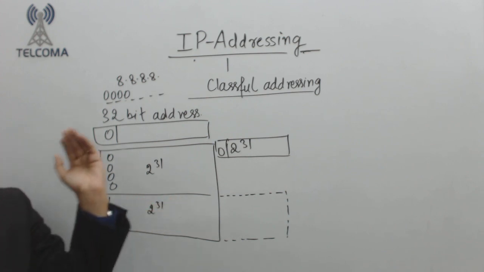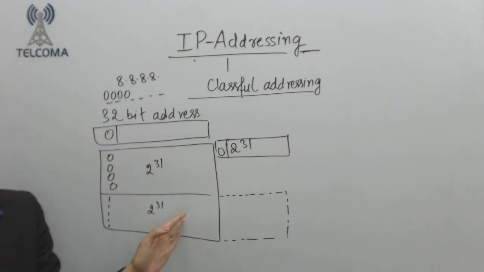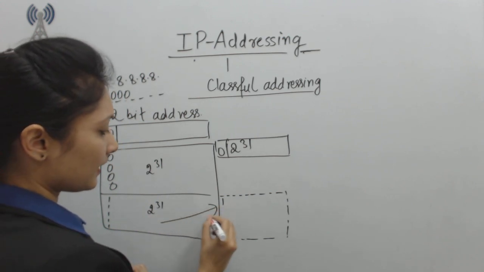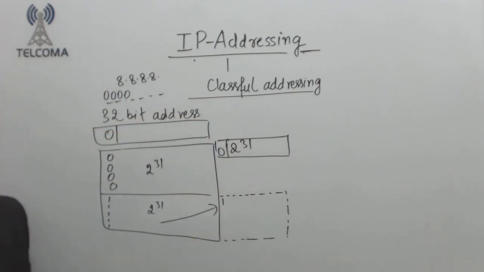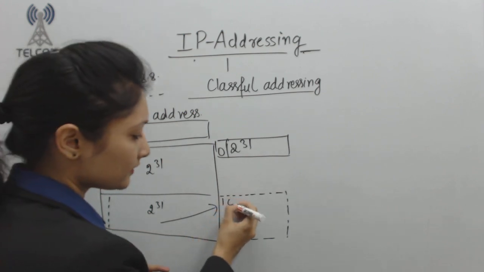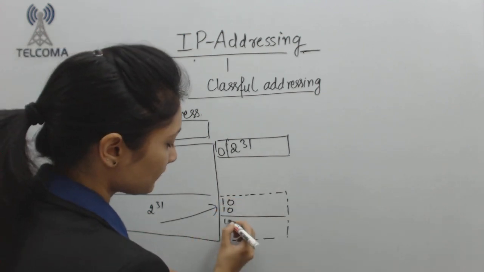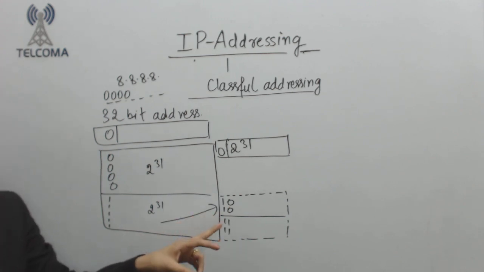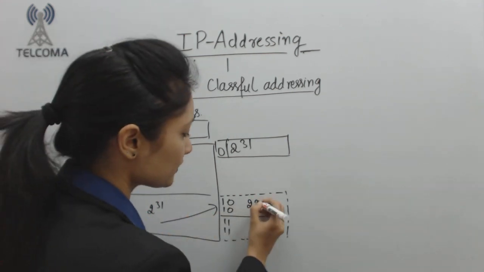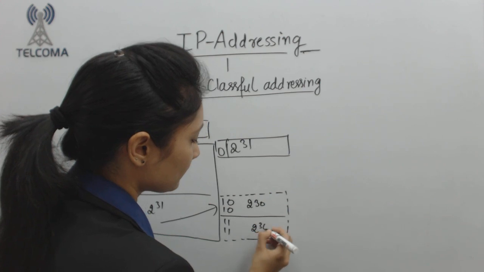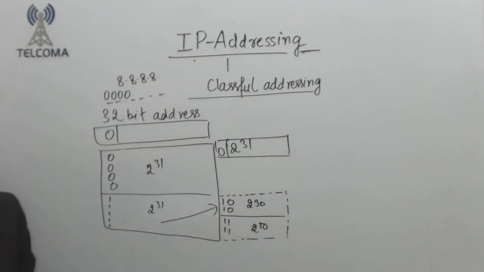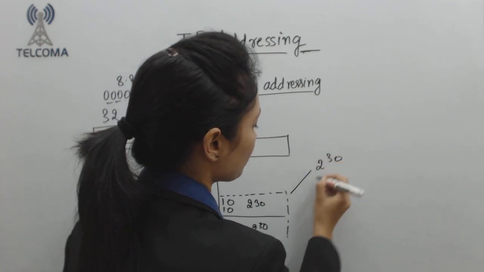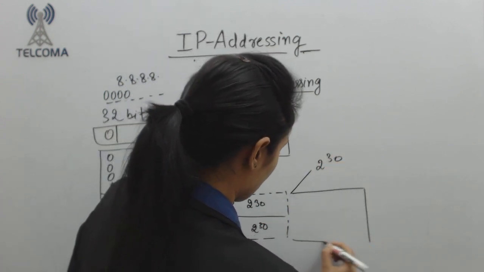Now I will take this 1 here, and again I can take another bit from that, like my 0. So again I am dividing like this. I have taken 1 0 more. Now I will be left with 2 raised to power 30 addresses, and again I have 2 raised to power 30 addresses.